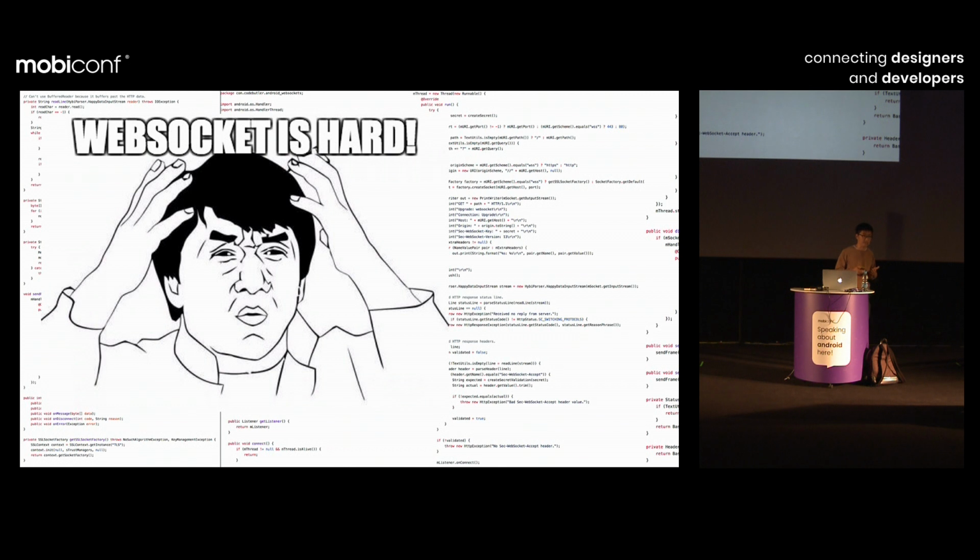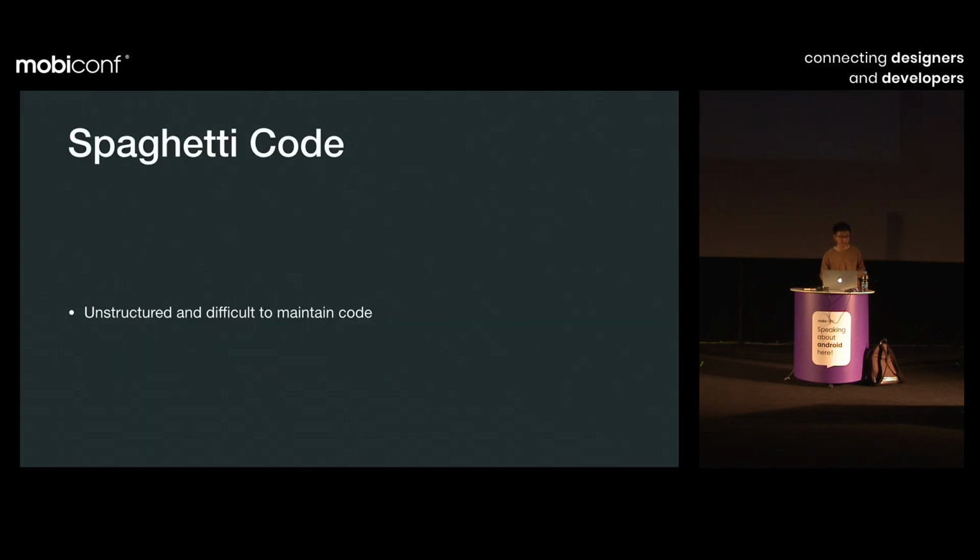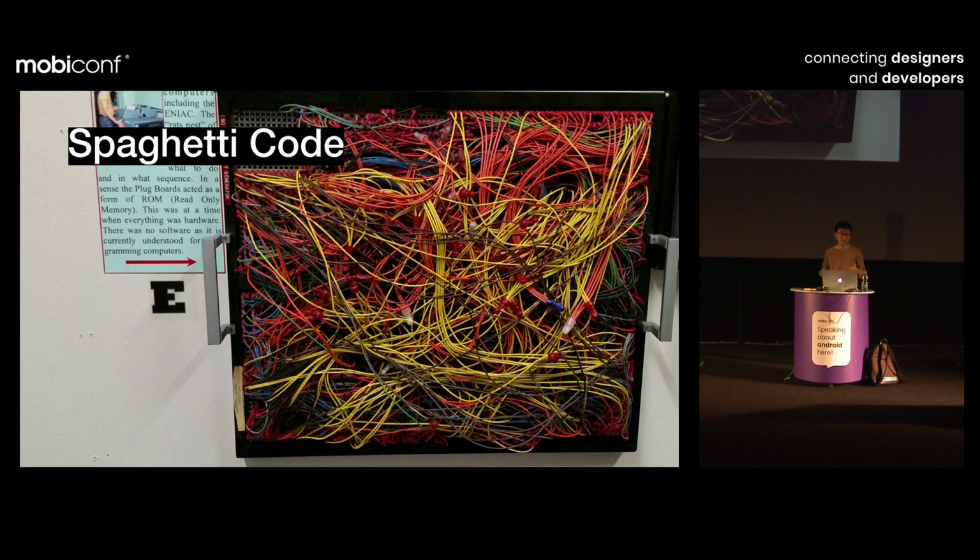But even if you are joining a project where WebSocket is already set up and the boilerplate code is already written, you still need to deal with spaghetti code. Spaghetti code refers to unstructured and difficult to maintain code. It's essentially unmaintainable.